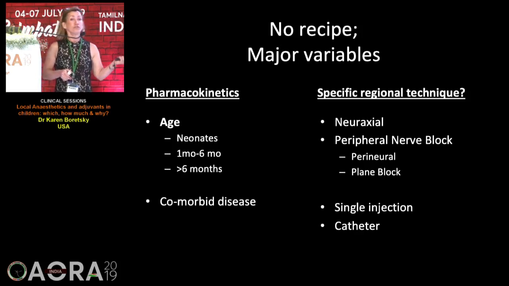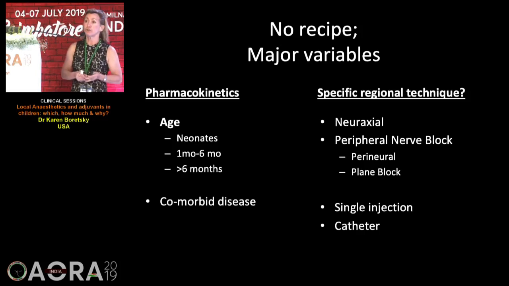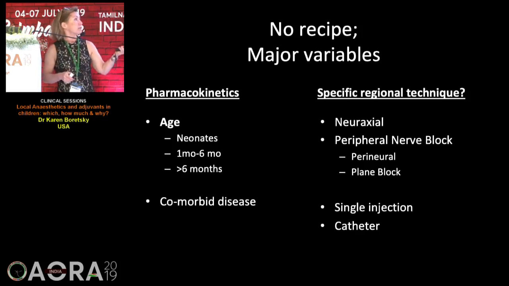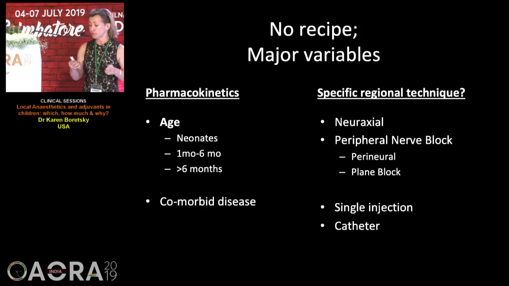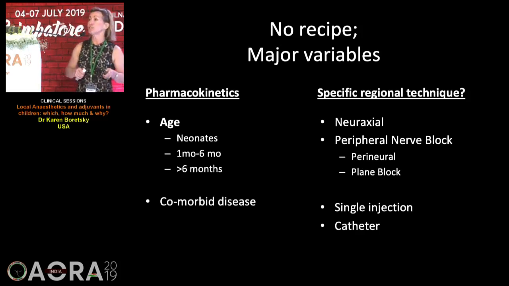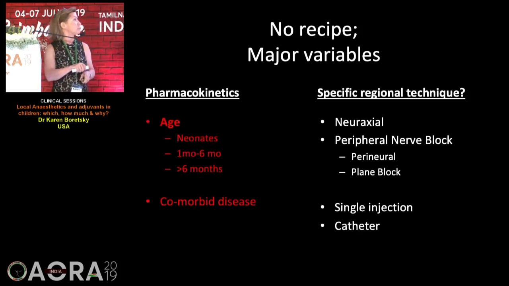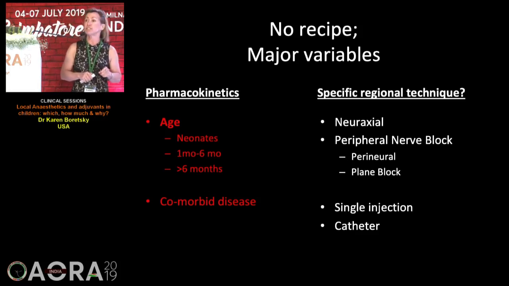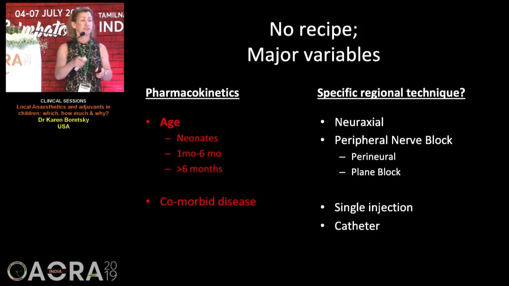The regional technique matters when considering dosing, because neuraxial blocks are dosed much differently than peripheral nerve blocks, and even within peripheral nerve blocks there are different dosing guidelines. It also depends on single injections versus a catheter infusion. And here's the real crux of pediatric regional anesthesia: what do we do with our infants and newborns.